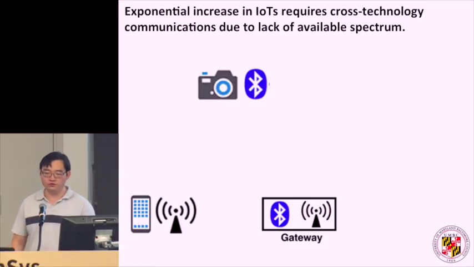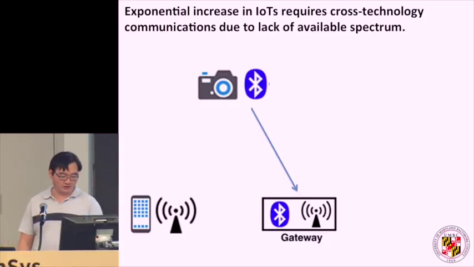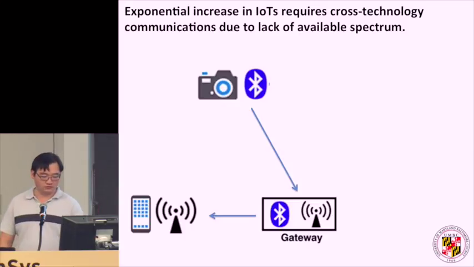In order for the Bluetooth device to talk to the Wi-Fi device, the current setup is the Bluetooth device sends a signal wirelessly to a gateway, right? And the gateway repeats that signal, transitioning from Bluetooth to Wi-Fi, and sends it to the Wi-Fi device. So it relies on this idea of this gateway.